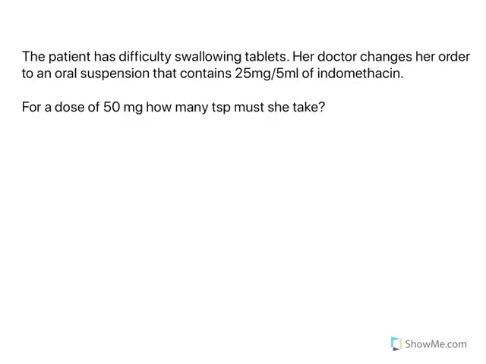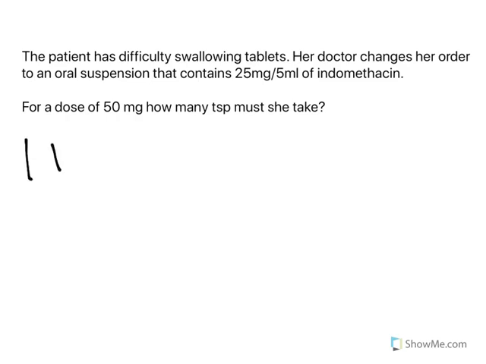Okay. So in this problem here, it says that the patient is having some difficulty swallowing tablets and her doctor orders her an oral suspension that comes 25 milligrams per 5 mL of indomethacin. For a dose of 50 milligrams, how many teaspoons must she take? So we're going to do some conversion here. The first thing we're going to figure out is how many teaspoons to how many mLs.